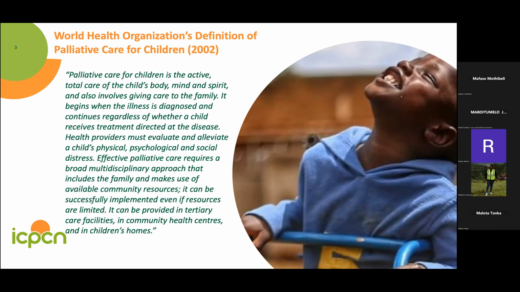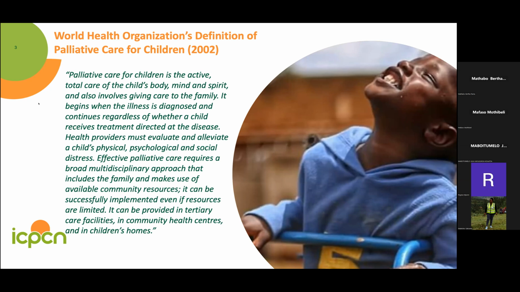And for many of us in sub-Saharan Africa, there might not be a diagnosis, maybe because the child presents late with advanced disease, or because we don't have access to the diagnostic treatments or finances. So as soon as it is recognized that the child needs palliative care, we should be providing it.